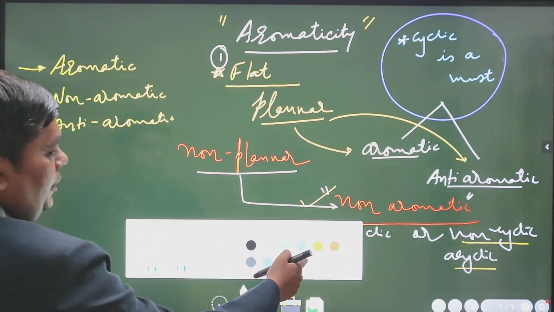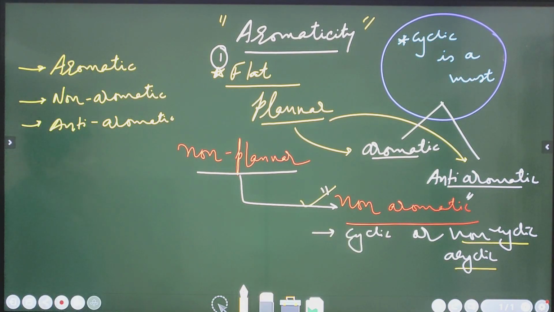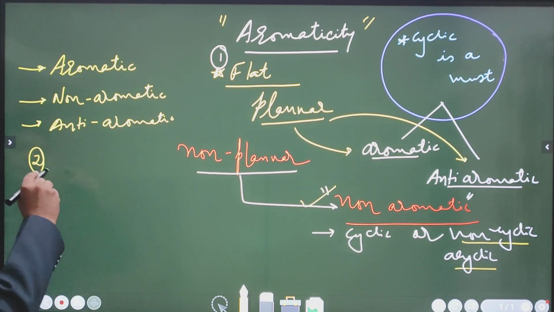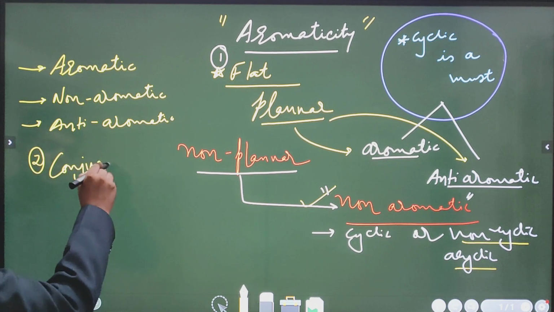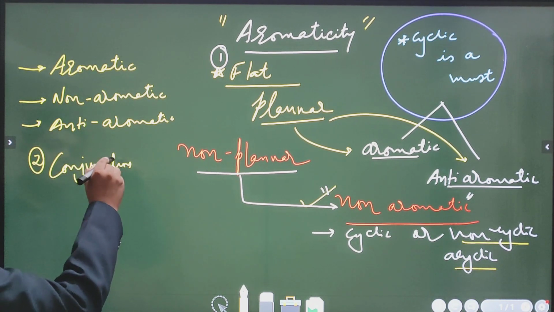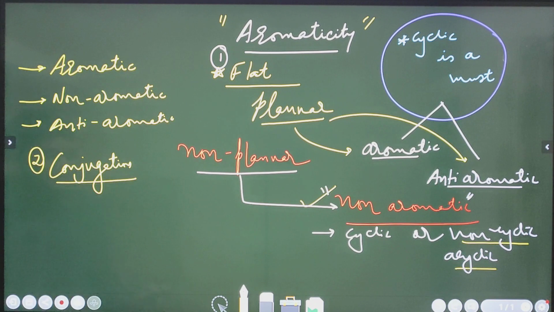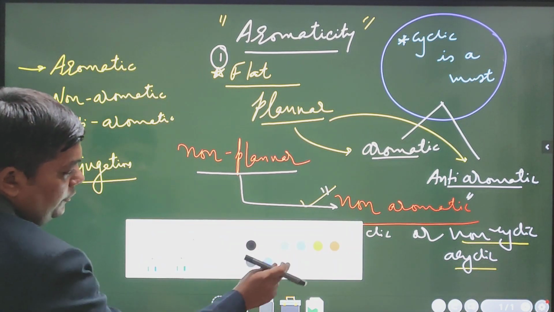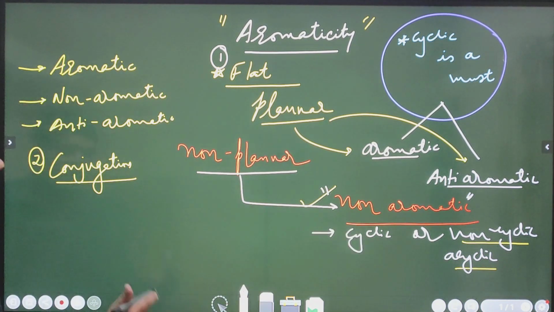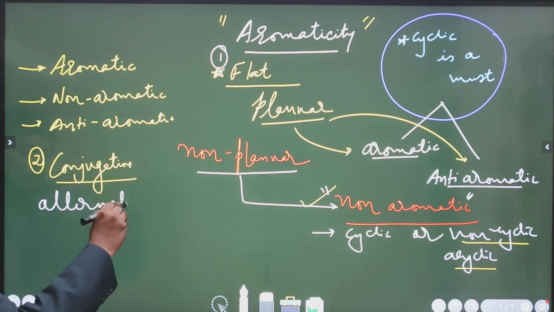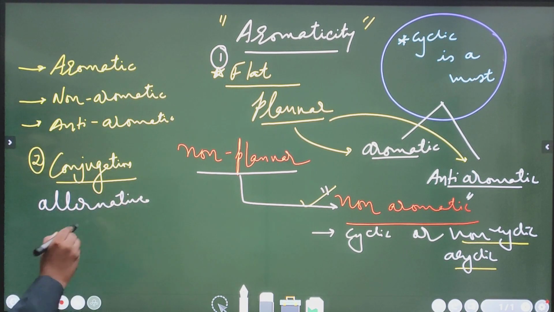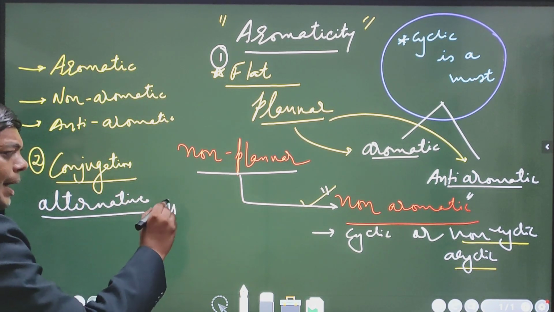Coming to condition number 2, we will always mention conjugation. In other words, we can also mention it as alternate pi bonds.